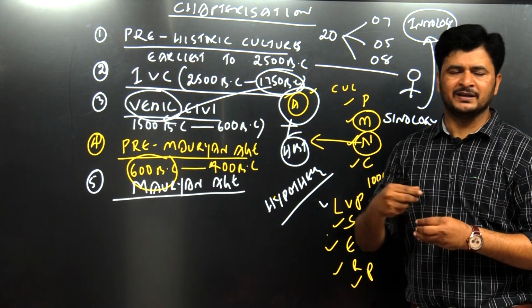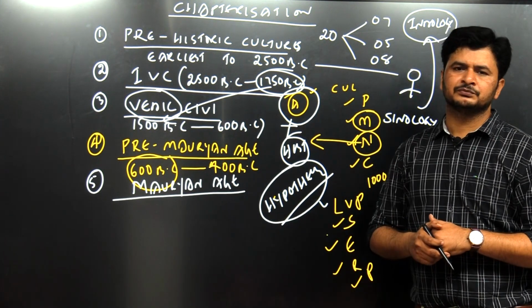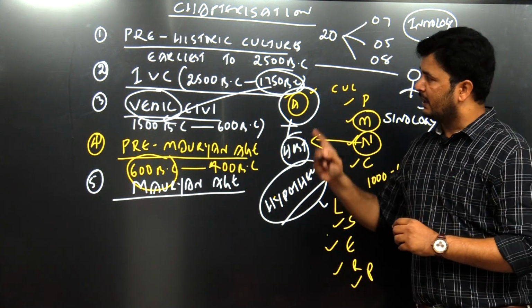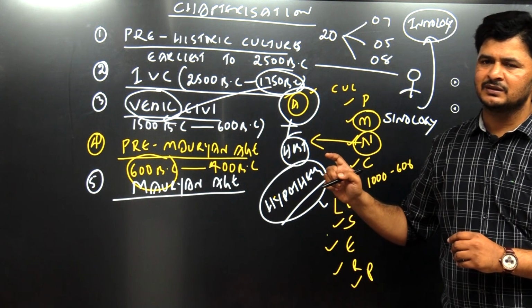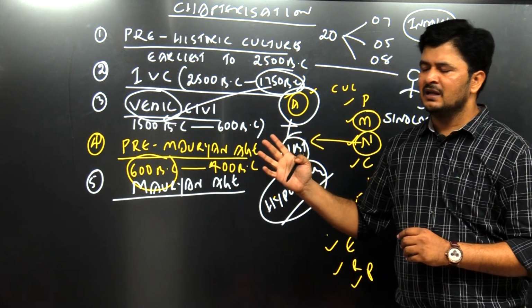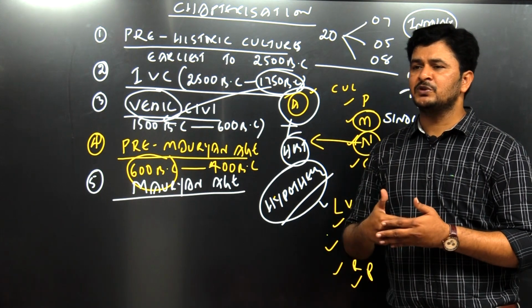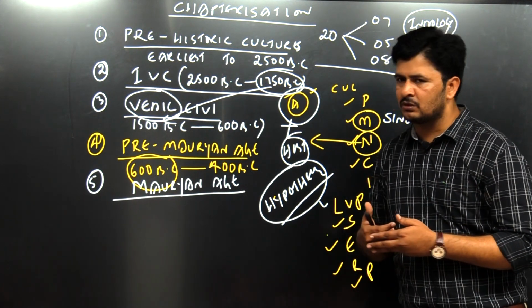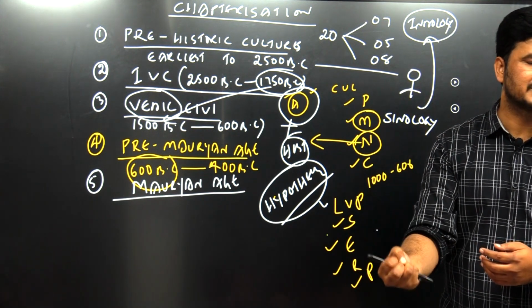We call it hypothesis. Let me tell you, entire prehistoric cultures, the Indus Valley civilization, and in fact Vedic civilization run on hypothesis. Hypothesis plays a crucial role whenever we find scanty evidence.